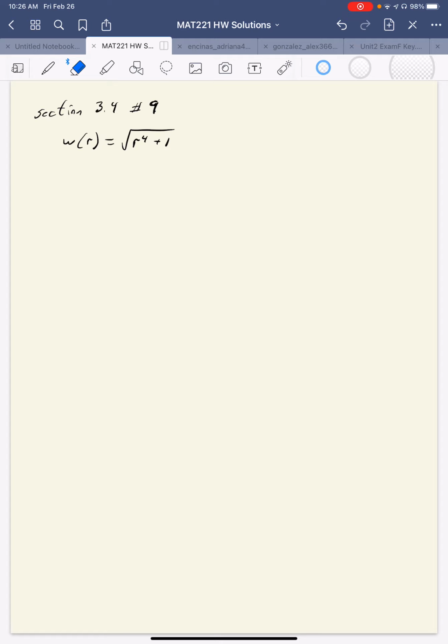So like in this example, we have w of r defined as the square root of r to the fourth plus 1. If w of r was defined as simply the square root of r, then we would know what to do. We would rewrite that as r to the 1/2 power.